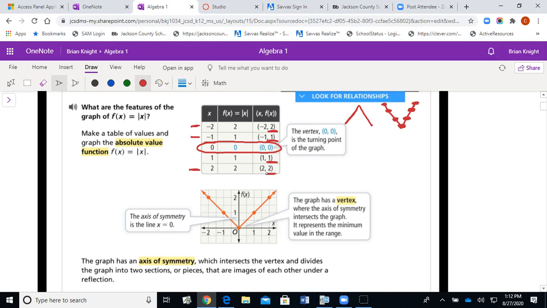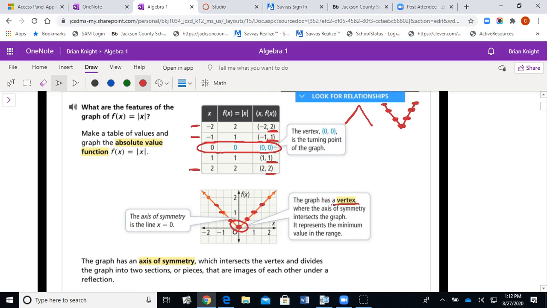Okay? And then you just graph your points. Boom, boom. They're everywhere. Okay? And you draw your V. All right? Like I said, where it changes direction, what is this point called? The vertex. Okay? It is the vertex, the axis that cuts it in half. And understand, the axis of symmetry doesn't have to be the x-axis or the y-axis.